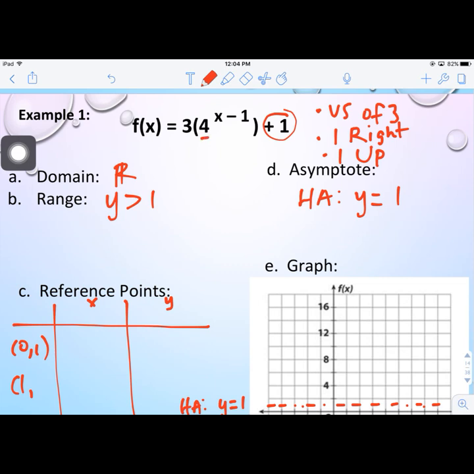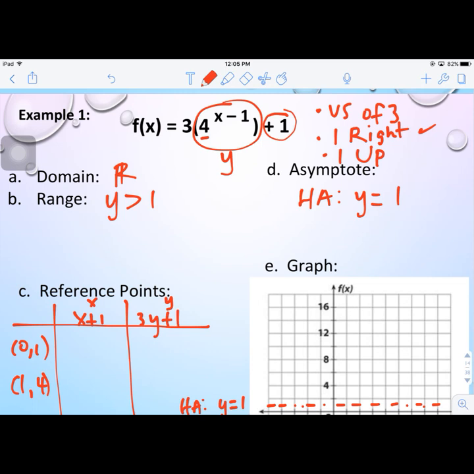The base is actually 4, so we're going to use 1, 4 for our reference point. The horizontal shift is 1 unit to the right, so we're going to have x plus 1 as the transformation equation. And there is a vertical shift, so it's going to be 3. Remember, we read this whole thing as y, so it's 3y plus 1. And those are the two equations.